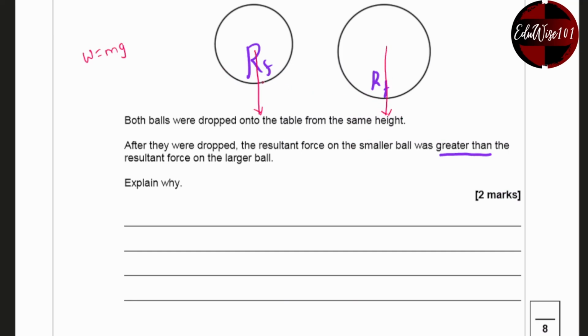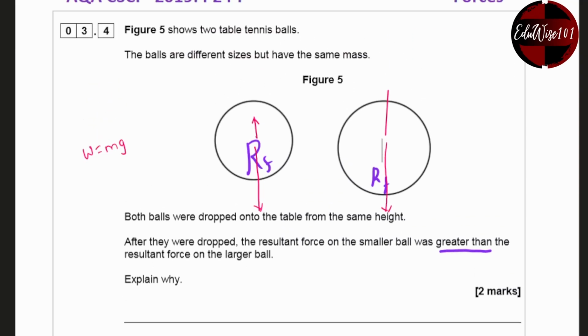Now, because this smaller ball has a smaller surface area, the upward force is going to be smaller. Whereas on the bigger ball, the drag or the upward force, air resistance, is going to be bigger. So the resultant force is less here, and here the overall resultant force is more, right?